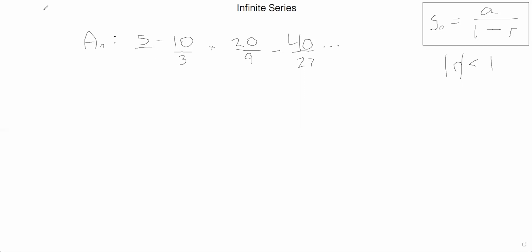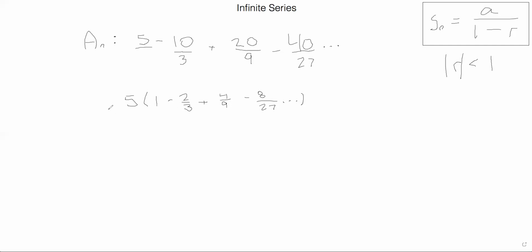So let's start by factoring out a 5, because 5 is the first element, and then we double that, we get 10, and then we double it again, and again. So let's factor out a 5 from these first 4 terms. We'd have 1 minus 2/3 plus 4/9 minus 8 over 27, and so on.